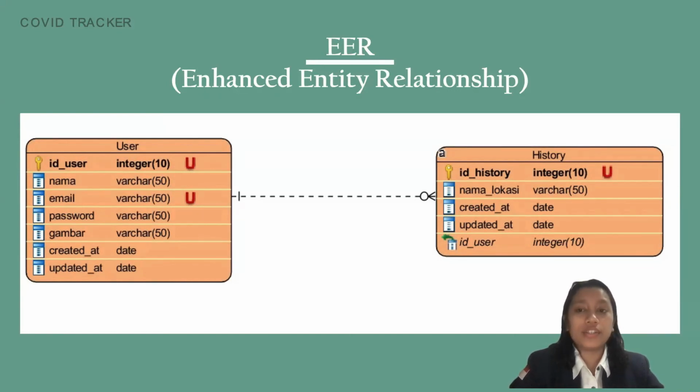That means that a user can have many histories. In the ER diagram, we can also see what will be in the table and their types. We can see the primary key, foreign key, and how much each attribute can accept. For example, we have an attribute name with type varchar and a number of 50, so we can tell that 50 is how much the program will accept from user input in the application.